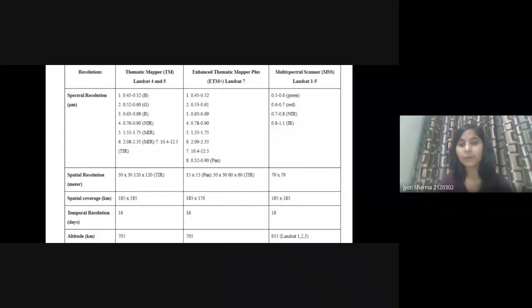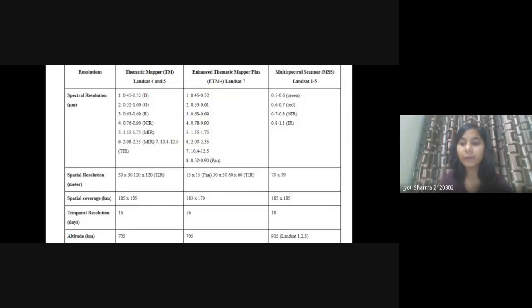Then we have Landsat 1 to 5, which was very primitive. Here it could sense only green, red, and near infrared, 4 wavelength intervals. Okay, so this is the spectral resolution.